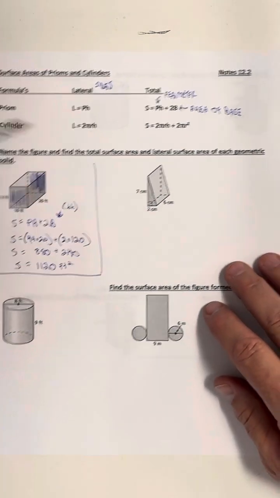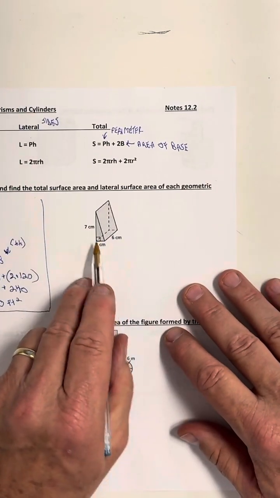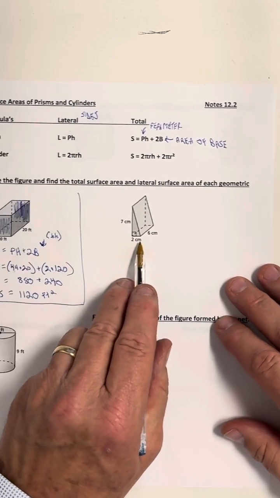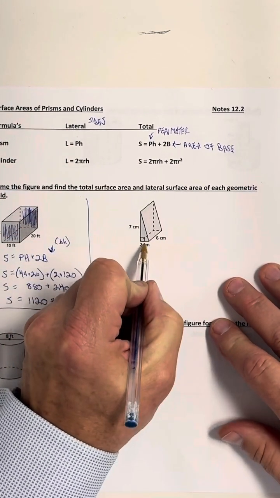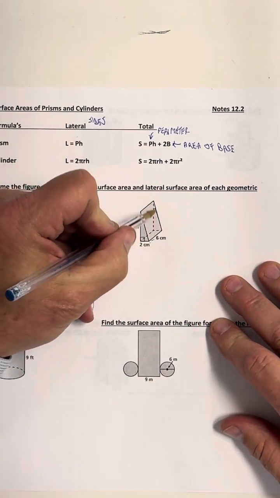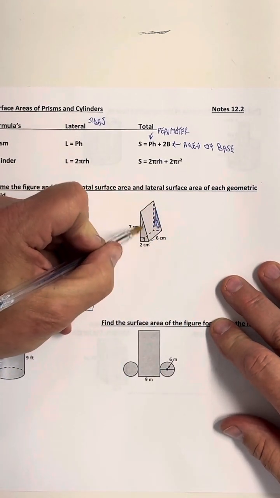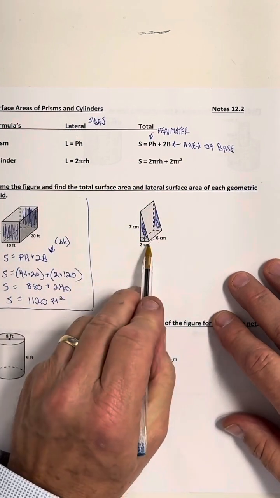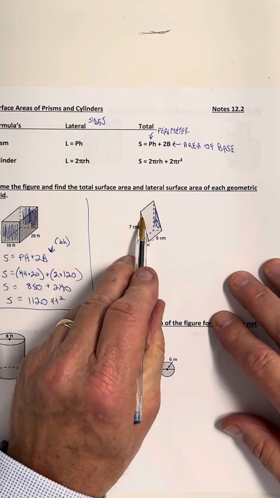Now let's try this prism. Okay, this is still a prism. It's a triangular prism, and in a triangular prism we first have to find, we got the height between the two bases. I'm going to shade them in. We have this, but we're missing this side.